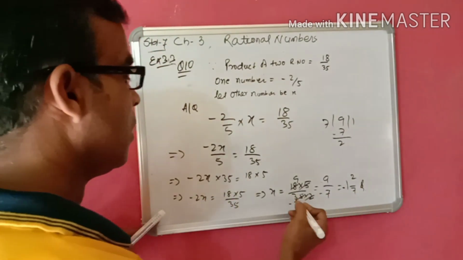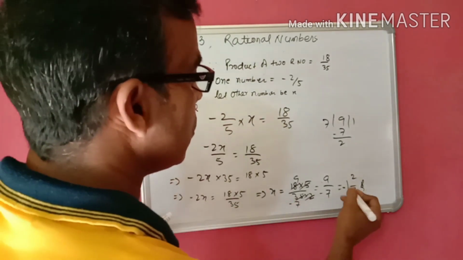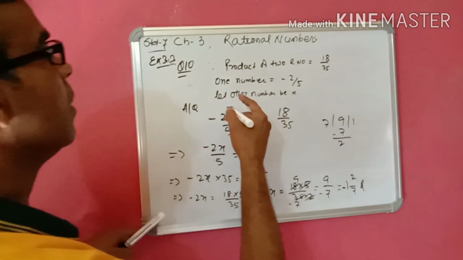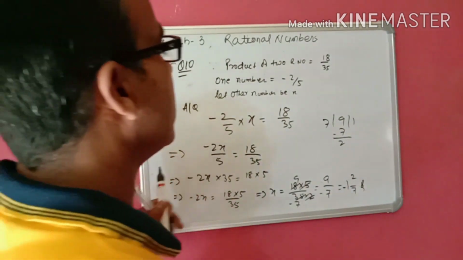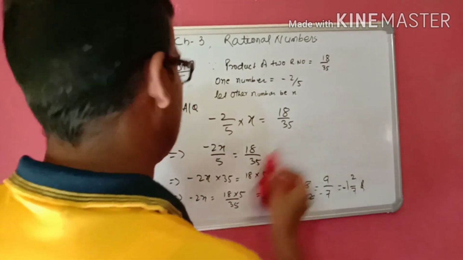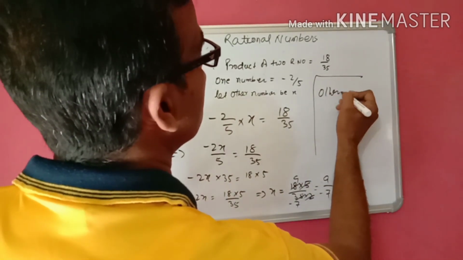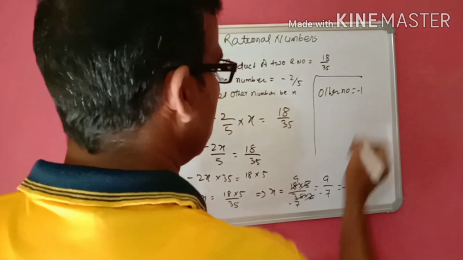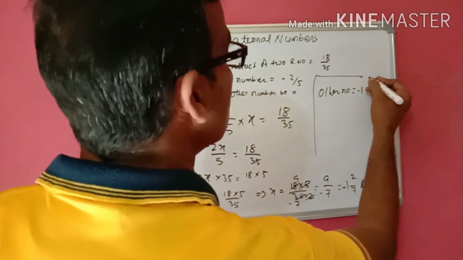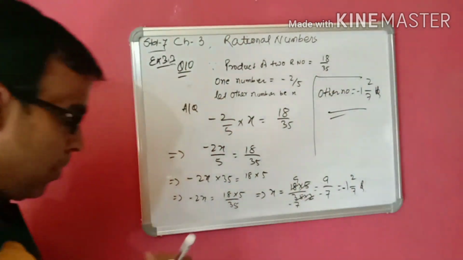Therefore the other number equal to minus 1 whole 2 by 7. This is our answer. Write down please.